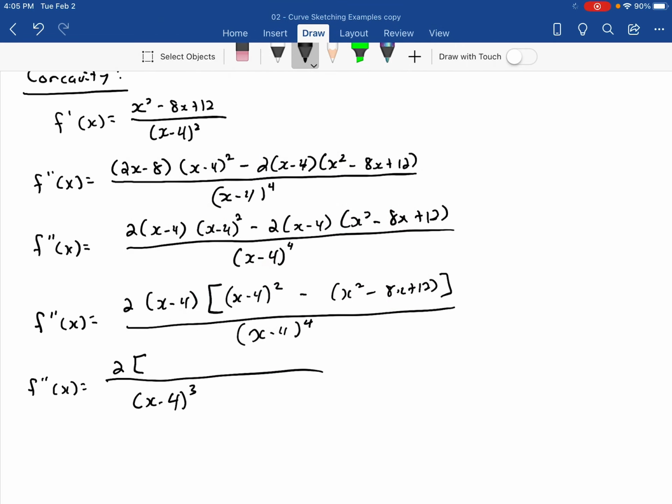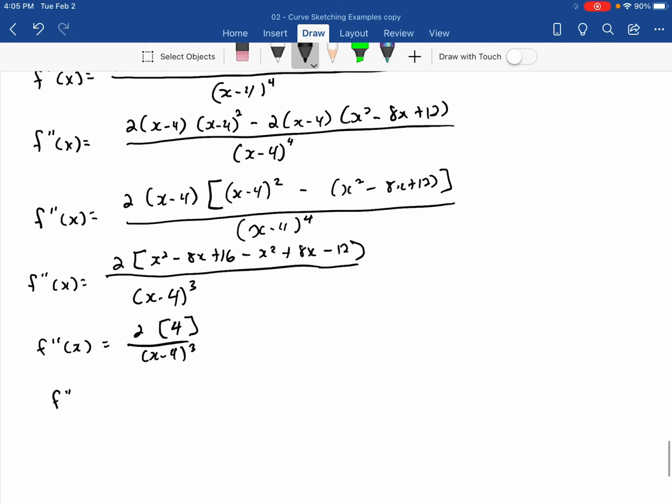And in the brackets, I've got to expand out that x minus 4, so I'll go x minus 4 times x minus 4, do that expansion, x squared minus 8x plus 16, and then this is subtract x squared plus 8x minus 12. And so after I tidy that all up, the inside of the brackets comes down to x squared minus x squared, that's gone, negative 8x plus 8x, that's gone, 16 minus 12, 4. Oh, this really tidied up nicely. How nice is this?